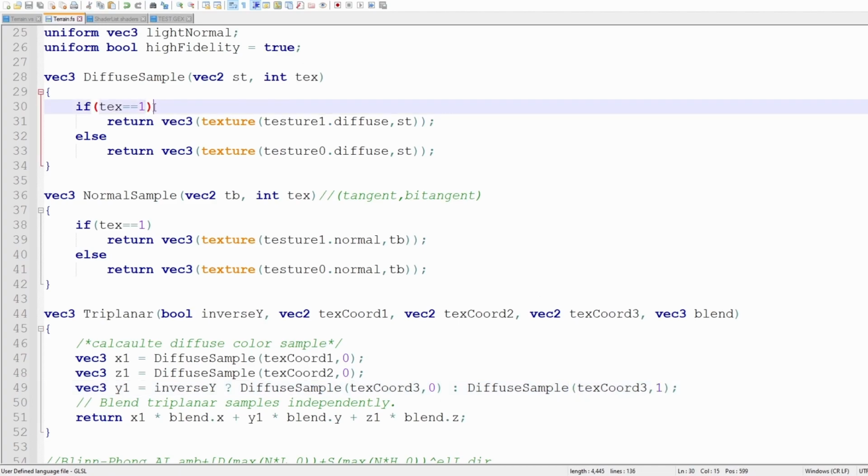If the texture coordinate is 1, this is the top, so the positive Y. Everything else, positive, negative X, positive, negative Z, and negative Y, those will all be given a 0. And those will be using the lateral texture.